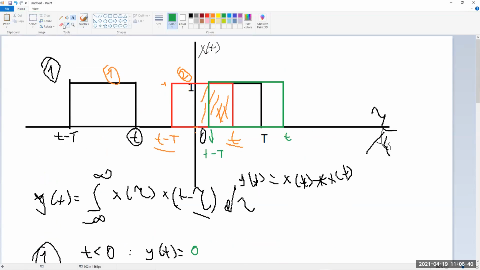And then we should determine the boundaries of the integral.